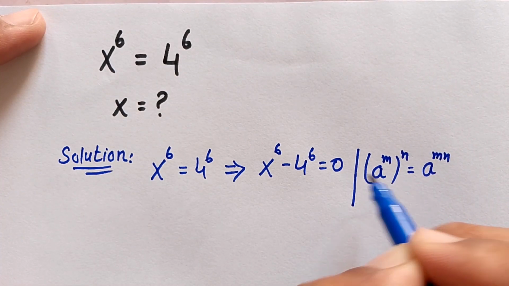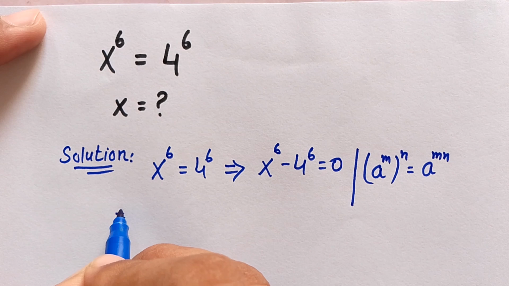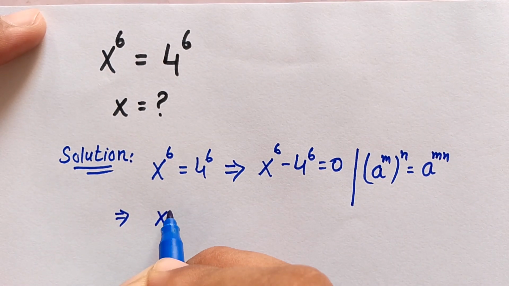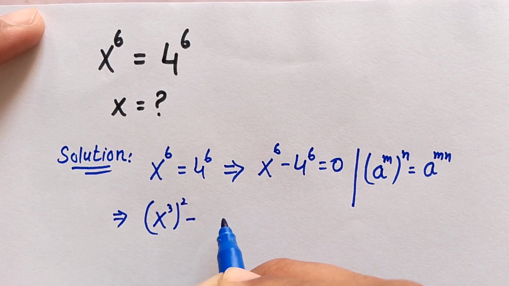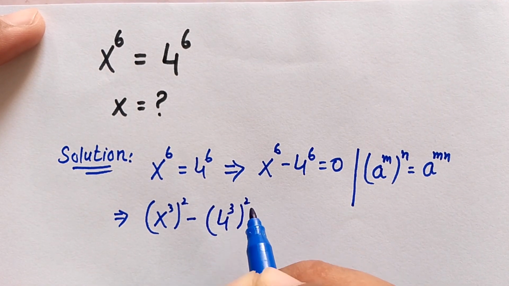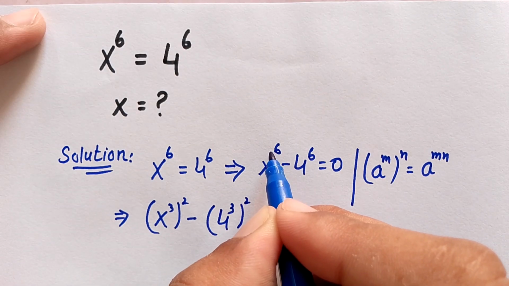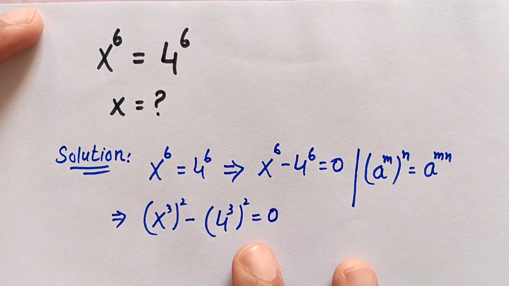So, to apply this condition, we can write this as x to the power of 3 to the whole power of 2 minus 4 to the power of 3 to the whole power of 2, which is equal to x to the power of 6 minus 4 to the power of 6, and this is equal to 0.